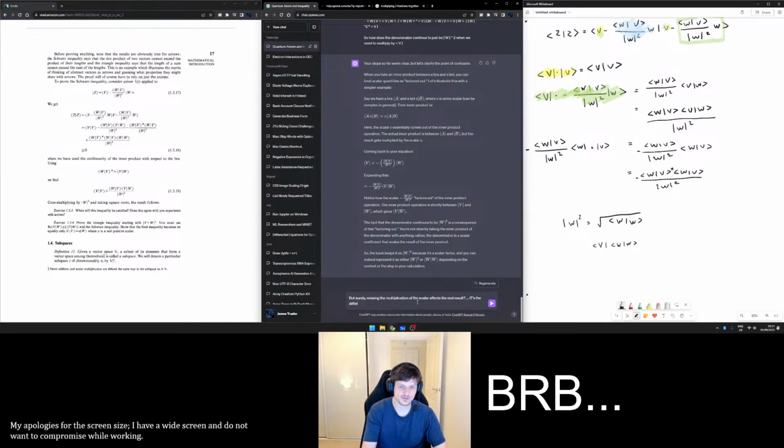It's the difference between, for example, a denominator of 1 and a denominator of a vector scaled by 1.